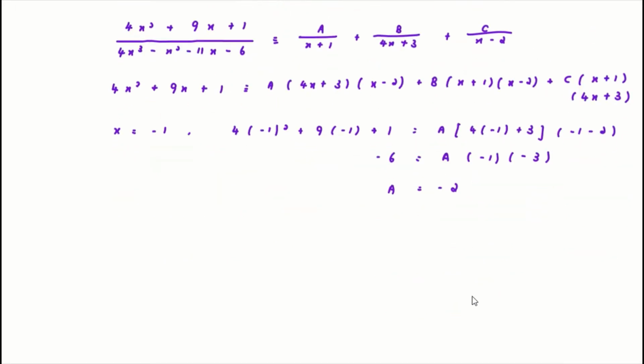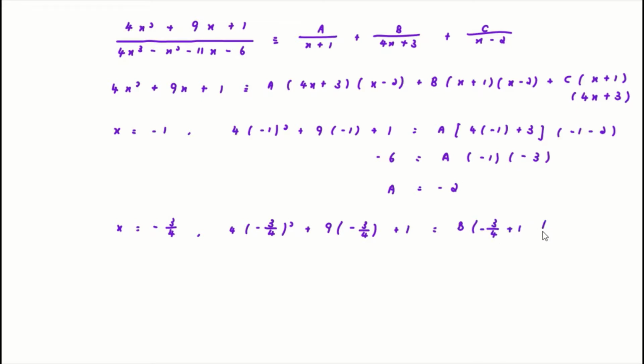Same thing, let's move on to x equals the second one, negative 3/4. For this part we are finding b.